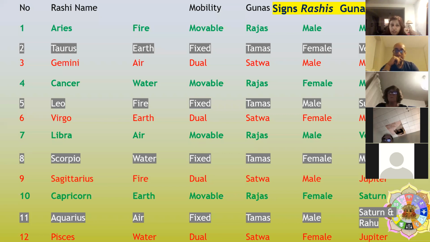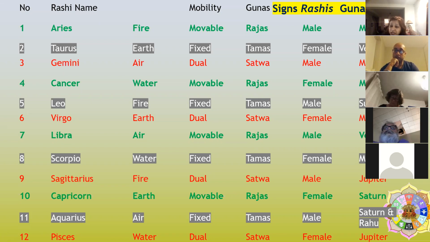So anyway, the signs that I have marked in green are all movable signs. Movable signs in Vedic are very rajasic. That means they are constantly on the move, a lot like the Western signs. They want things to be done.